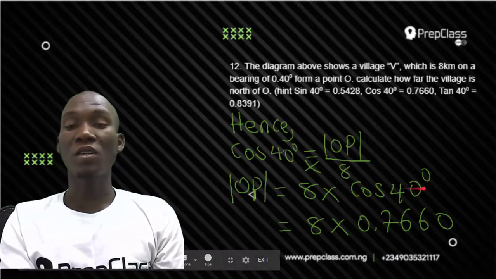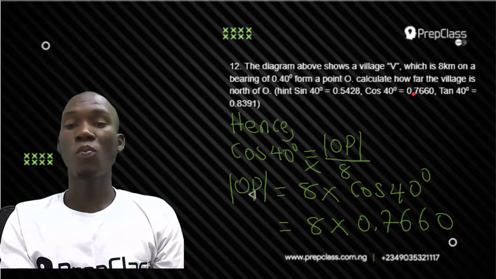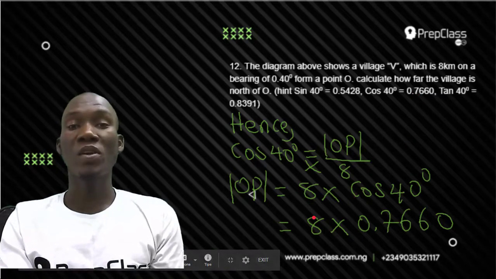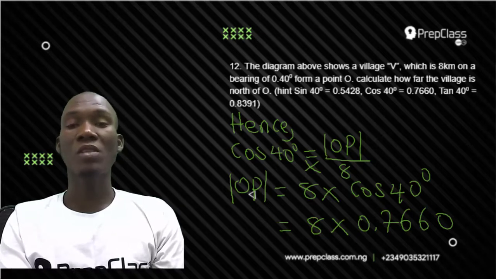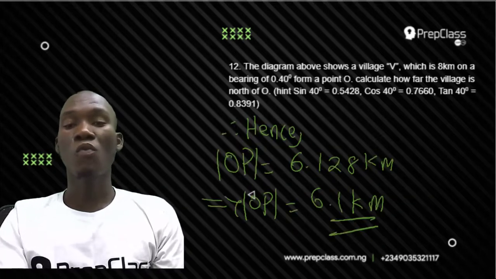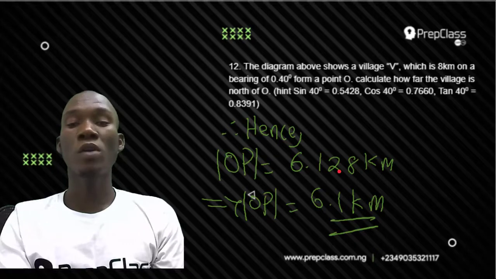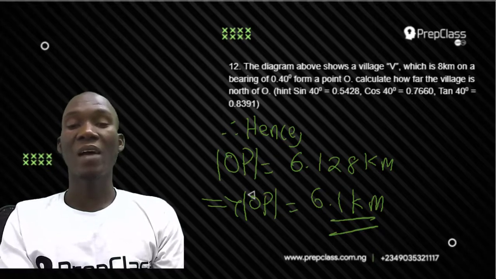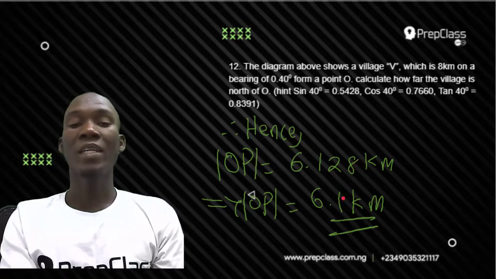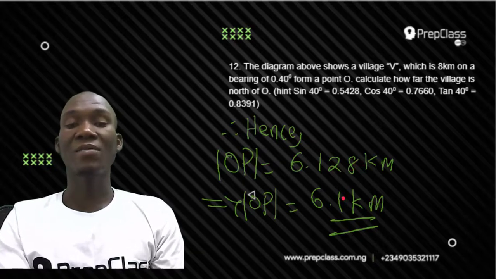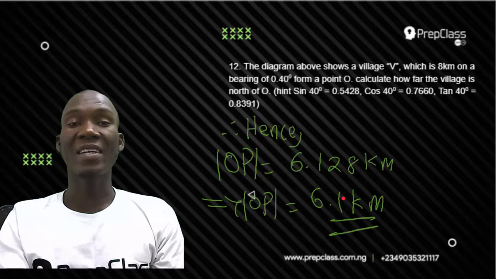And cos 40 degrees from the question is 0.7660. So we have 8 multiplied by 0.7660. So if we perform the multiplication, 8 times 0.7660, we are going to get 6.128 kilometers. And simplifying that to one decimal place, we have 6.1 kilometers. And that is the value of OP, that is the adjacent side.